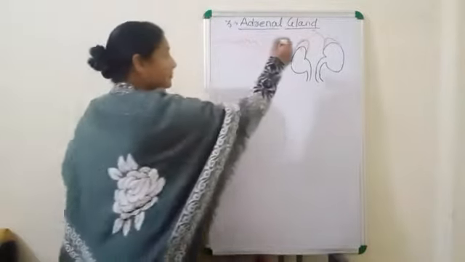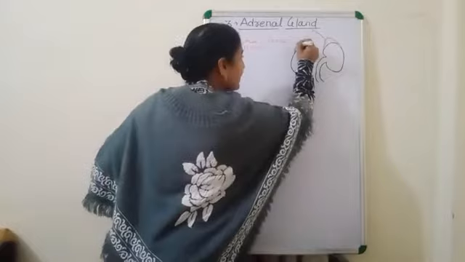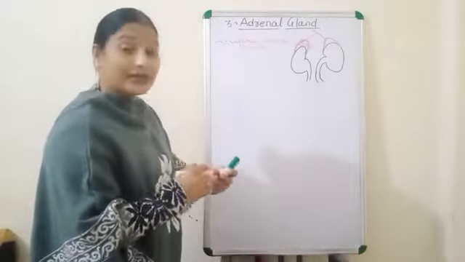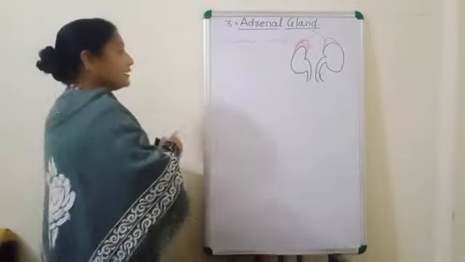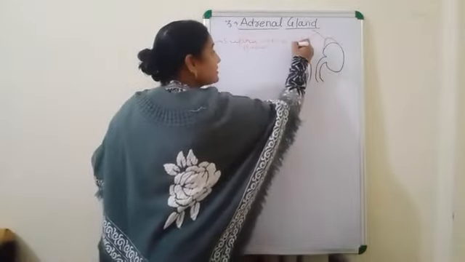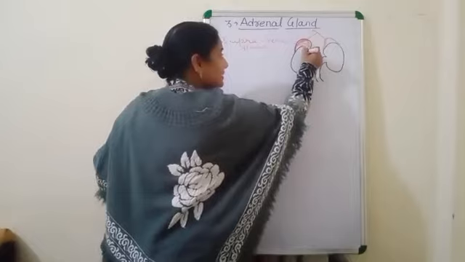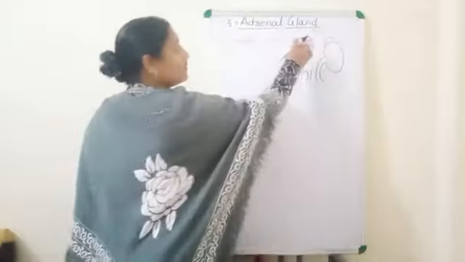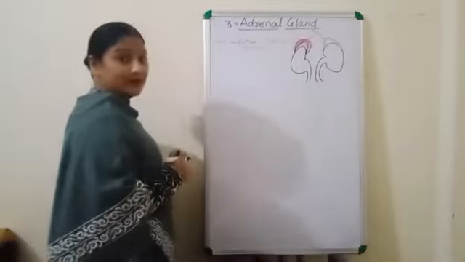Now, if we take a TS or if we cut the adrenal gland, then what parts can we see? See, the part which is surrounding like this will be the cortex, and the middle portion will be the medulla.